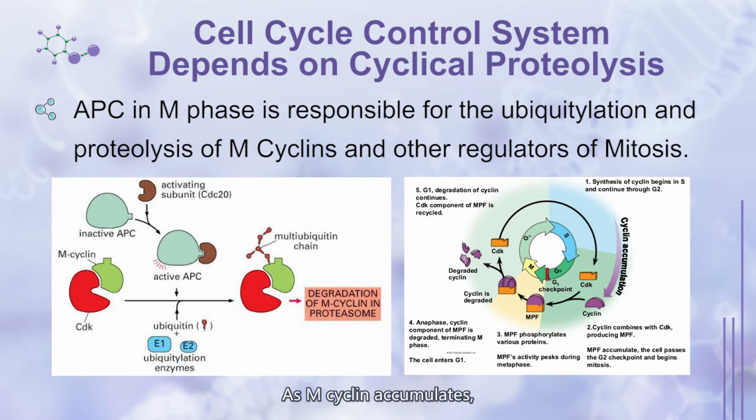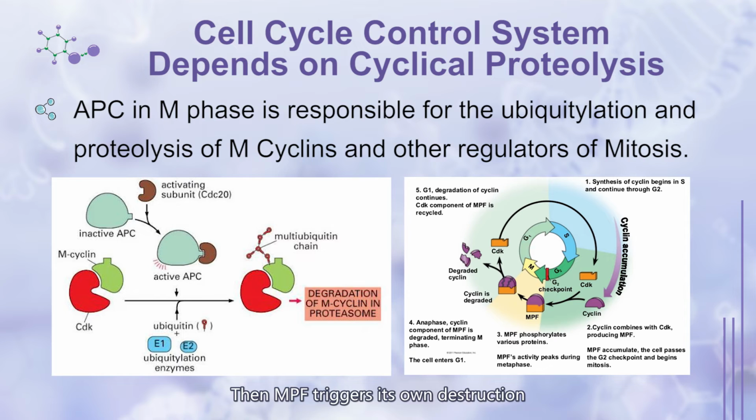As M cyclin accumulates, it binds to CDKs already present in a cell, forming complexes that are poised to trigger M-phase. Once these complexes receive an additional signal, essentially an all-clear confirming that the cell's DNA is intact, they become active and set the events of M-phase in motion by phosphorylating various proteins, which peaks during metaphase.